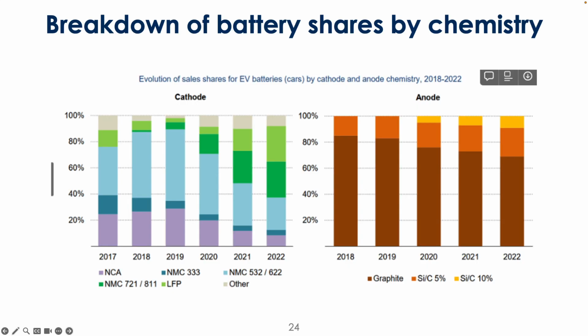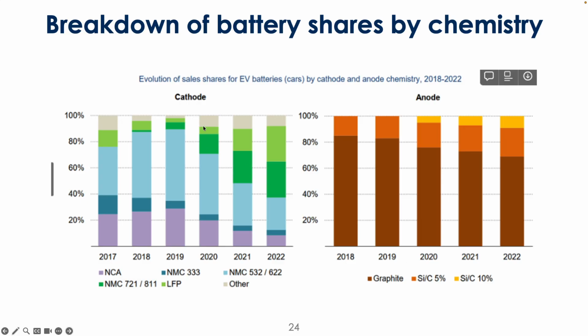Okay, and so just to give a view of what that has looked like over time, as I was mentioning. In 2017, the vehicles that were sold, some of them were NCA, some of them were NMC of different types, so 333, 532, 721, and then some of them are LFP.